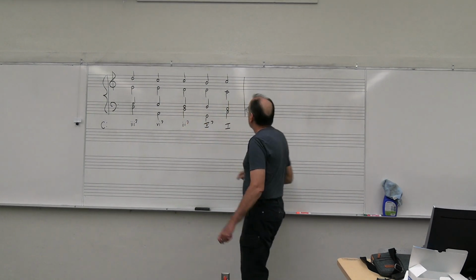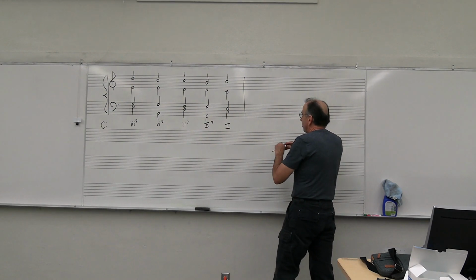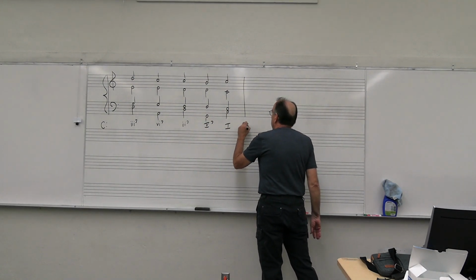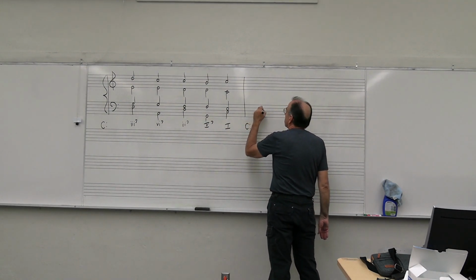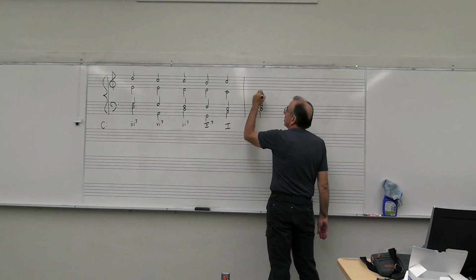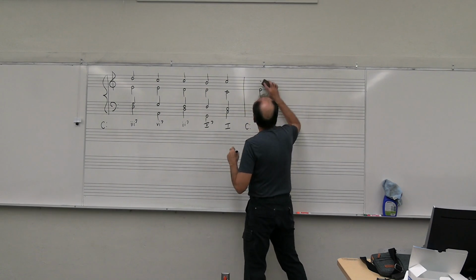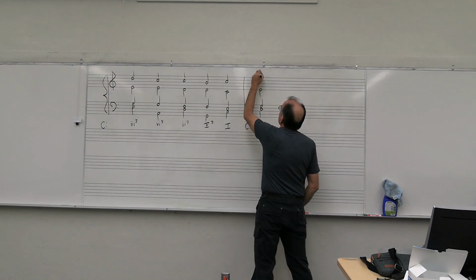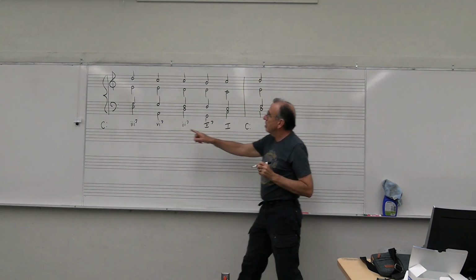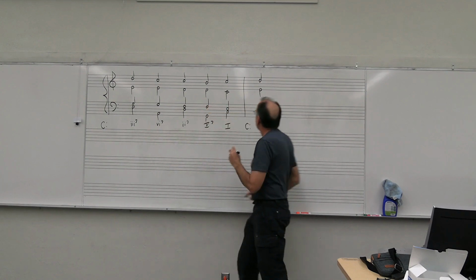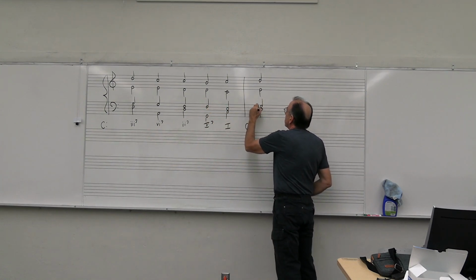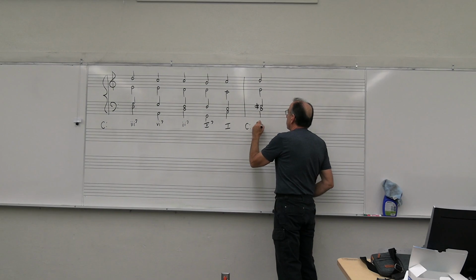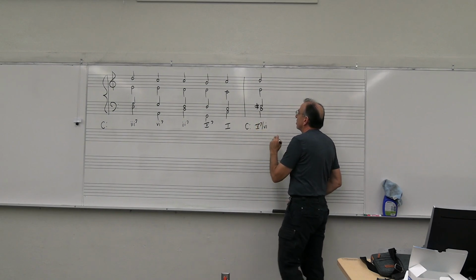Okay. If I did the same thing with secondary dominants, I can just pretty much copy that progression, but in each case, instead of making it the diatonic minor seventh, I'm going to make it a dominant seventh, and then it becomes 5-7 of 6.